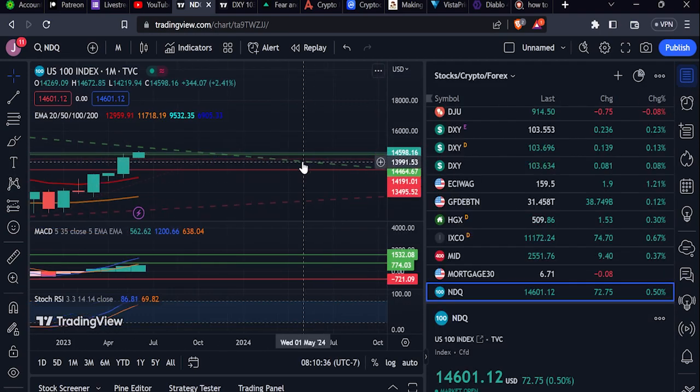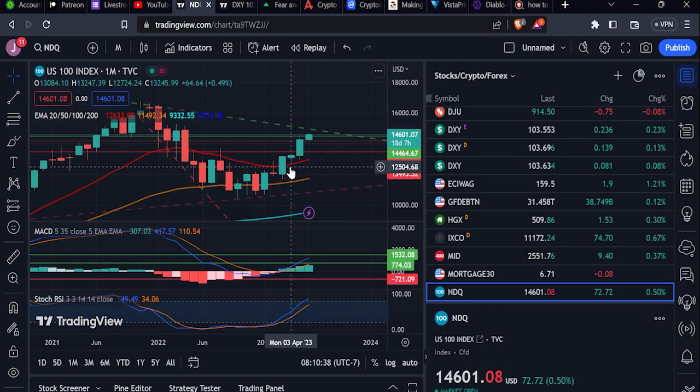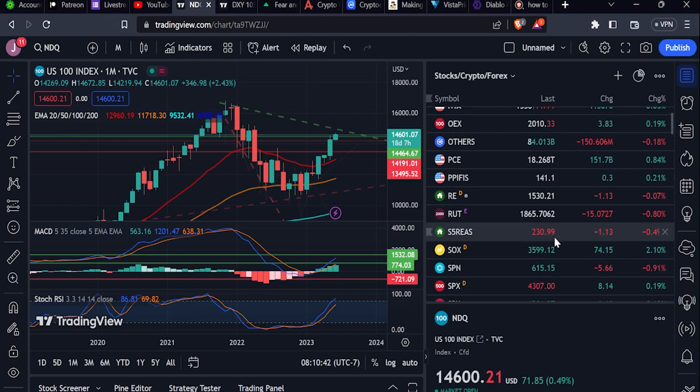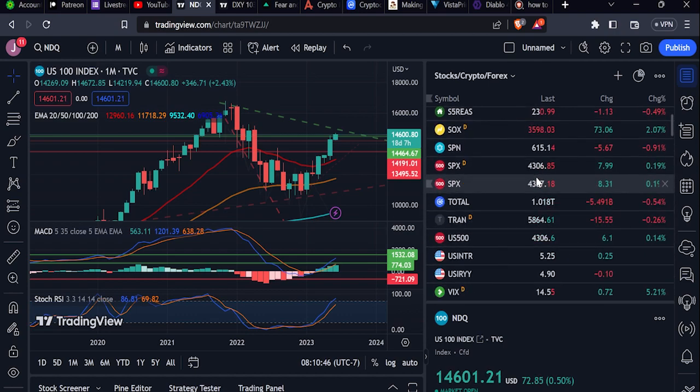So if you're watching, if you have a lot of tech stocks, Nasdaq is one of the stock market indexes that you should be watching just to get a general idea of the current trend of the markets, because I think it's usually mega cap companies that move the market.